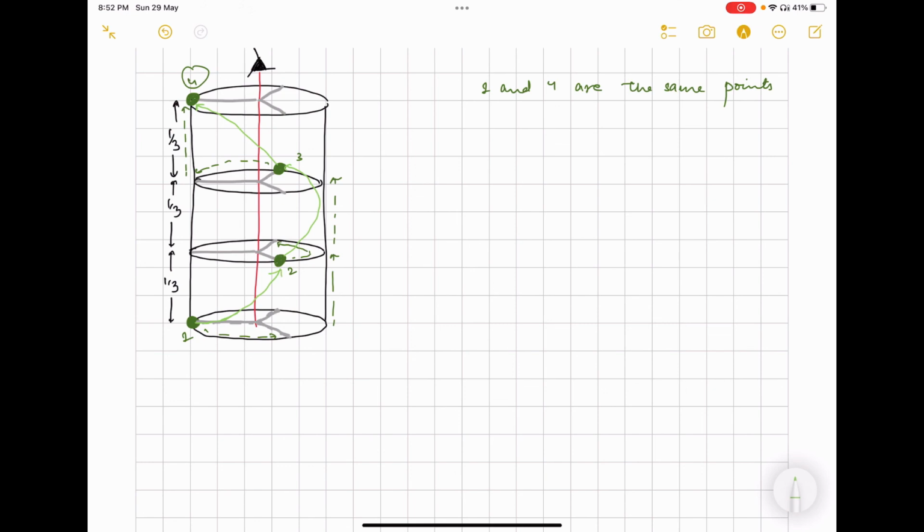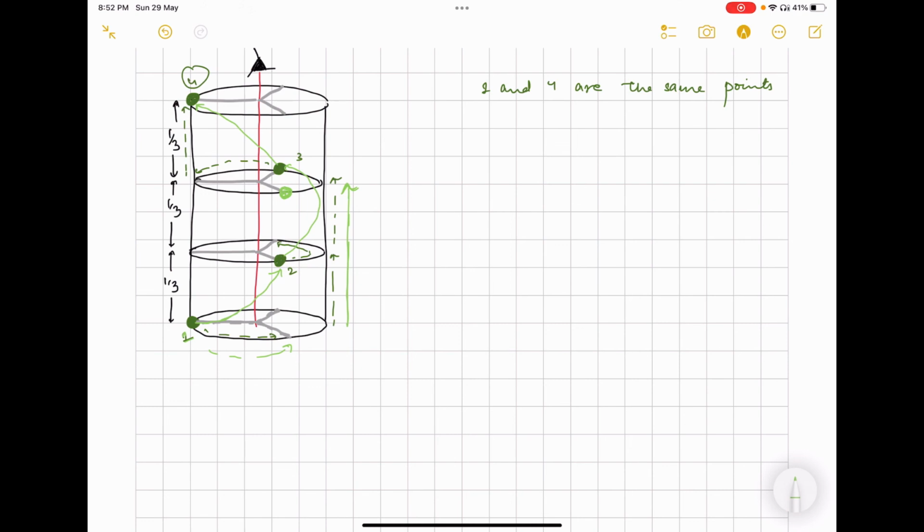So this was 3_1, and similarly for 3_2, this point 2 will actually be here. Why so? Because when you rotate point 1 by 120 degrees, it will reach here, and then translation by 2 by 3 will reach you to this plane, so it will be here.